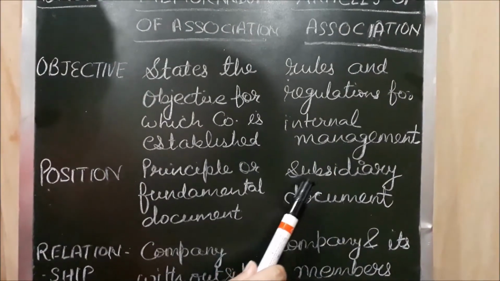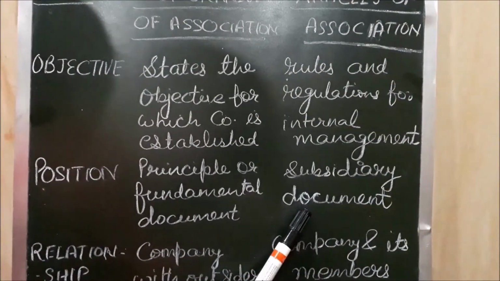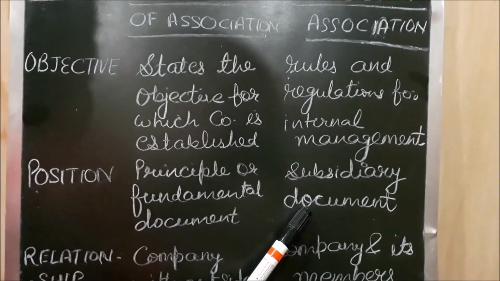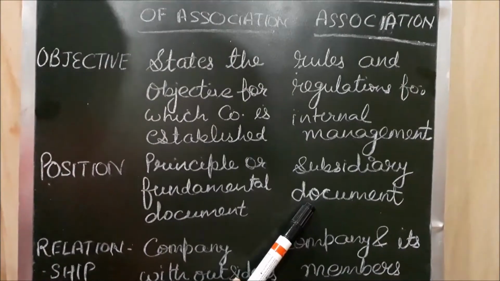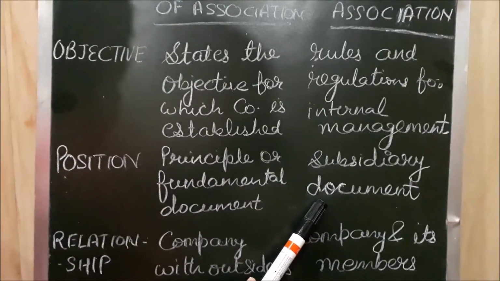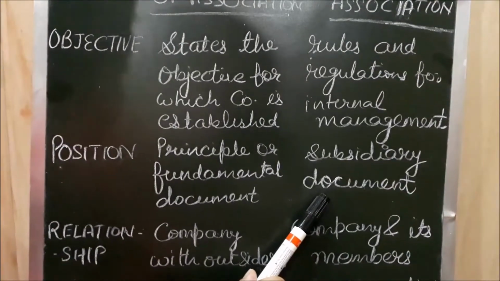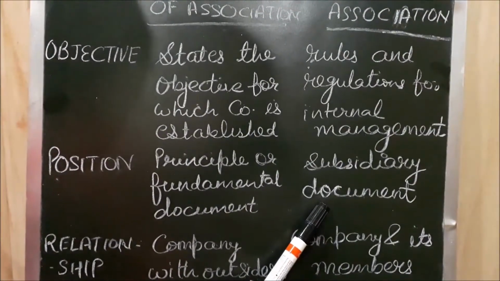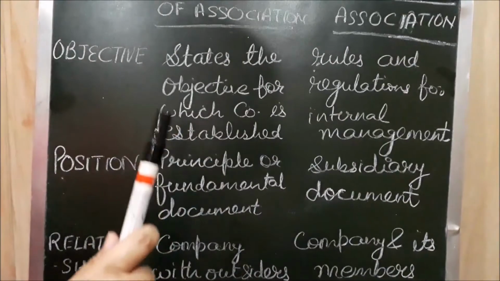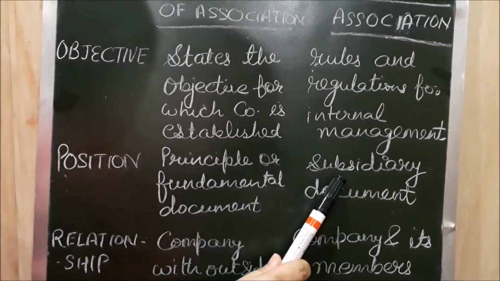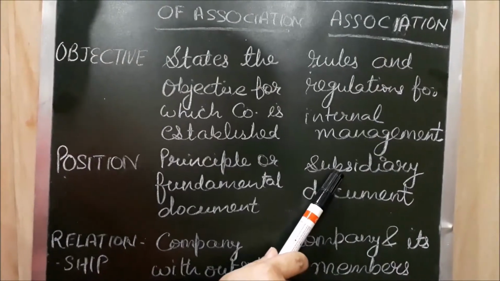Articles of Association is a subsidiary document, or you can say it is subordinate to the Memorandum of Association and the Company Act. So the first document is MOA and the secondary document is Articles of Association.